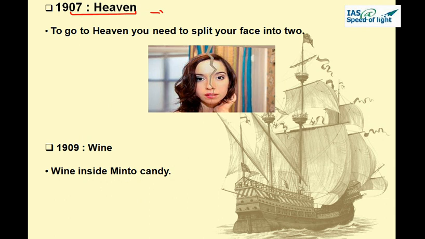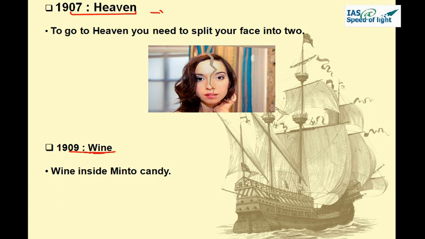Coming to the next year, which is 1909, 9 becomes wine. 19 becomes wine. So wine inside Minto candies. So 1909, we want to link it with Morley Minto reforms. Minto, we already have a picture of Minto with us, that is of Minto candy.